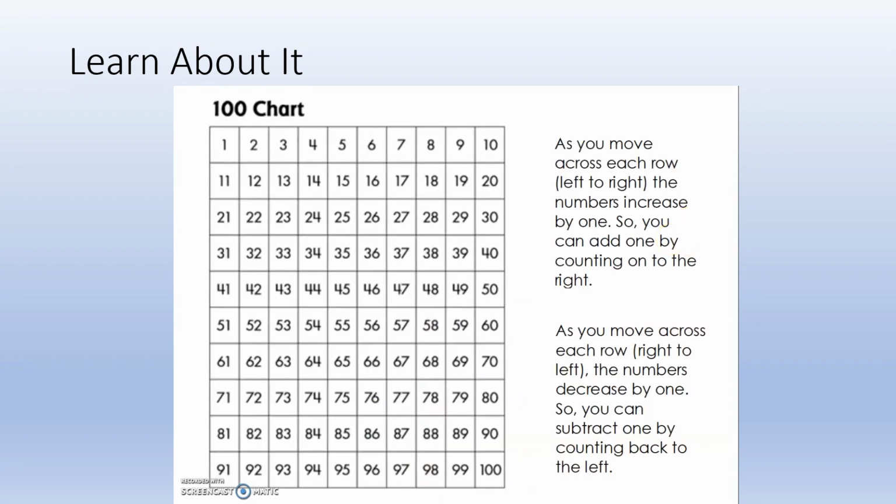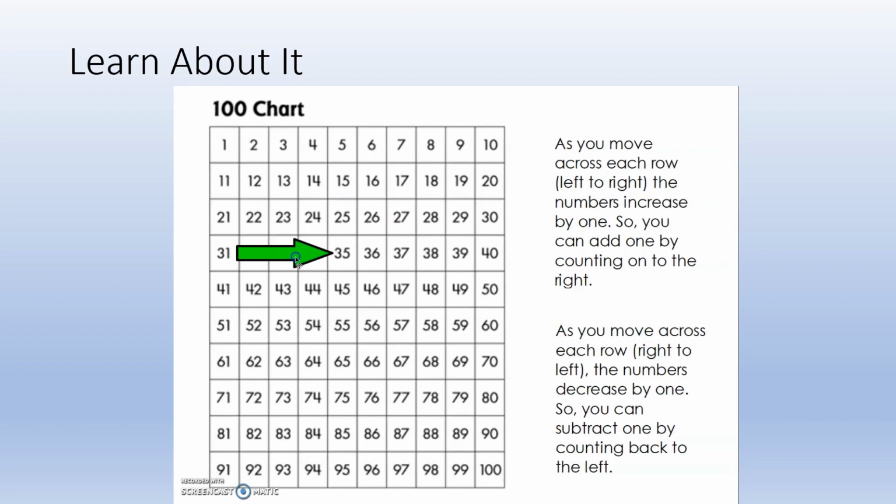Now that we've taken a look at some place value patterns that we've learned, let's take a look at what they look like on a hundreds chart. As you move across each row from left to right, the numbers increase by 1. So you can add 1 by counting on to the right, and that will work for any number.